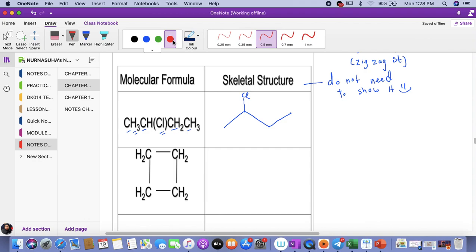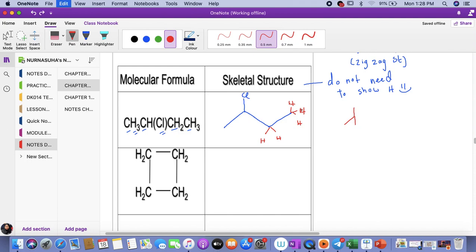Okay. Sebenarnya ada je hidrogen ni kat sini. Kat sini ada 2. Kat sini ada 3. Okay. So, kenapa lukis dia macam ni? Ingat balik masa awak belajar carbon, dia berbentuk tetrahedral. So, bentuk dia ni macam kaki ayam. Okay.